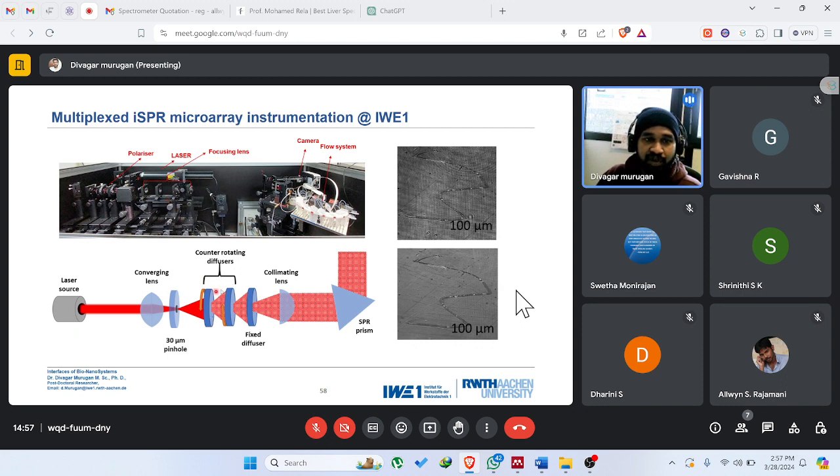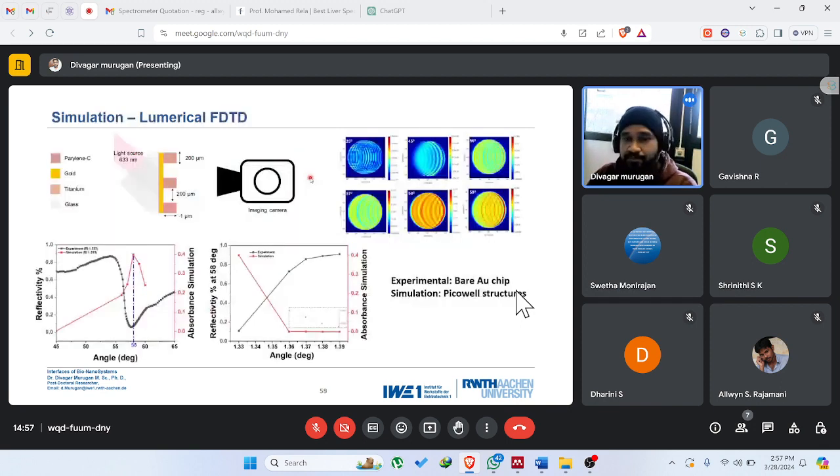So we just put a diffuser plate which rotates in an anti-parallel direction. When the diffuser lens rotates in the anti-parallel direction, it creates a local path difference that makes the image free from these speckle patterns. So this is how the imaging SPR is built, and here you put your sample, and whatever the reflected light is, you can image it here using this camera.